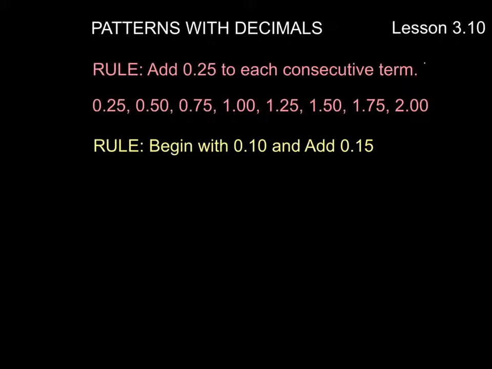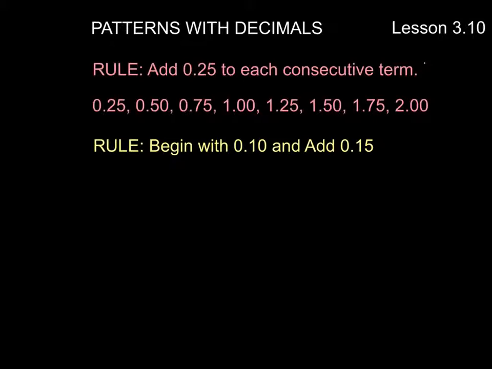Our second rule is to begin with 1/10 or 10 hundredths and add 15 hundredths to each consecutive term. And this means the next value. So 10 hundredths plus 15 hundredths is 25 hundredths.